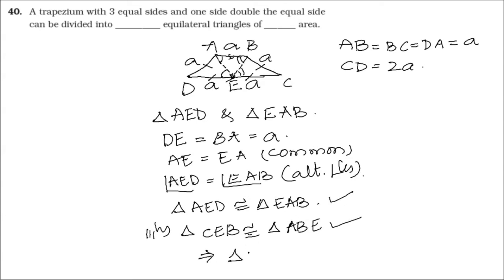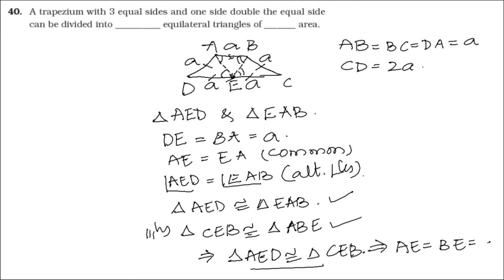From this, I can say that triangle AED is congruent to triangle CEB. When these 2 triangles are congruent to each other, their corresponding sides will be equal. This AE will become equal to BE and both will be A units.